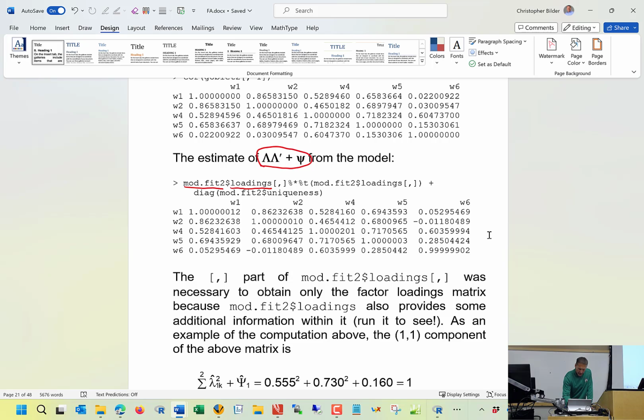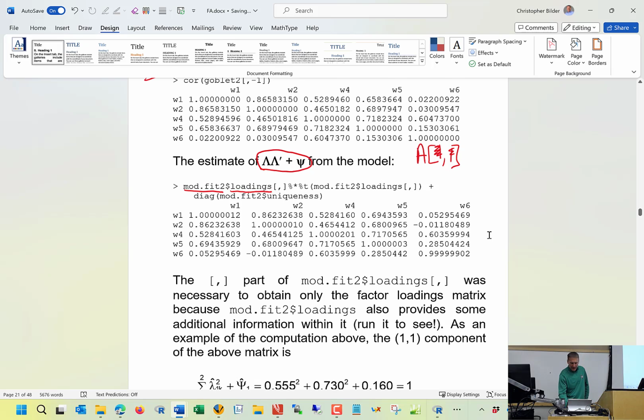And if you remember, if I had a matrix, let's call it A, and I did 1 comma and then put nothing after that comma inside of square brackets, this gives me the first row. If instead I would have just comma 1 there, that gives me my first column.